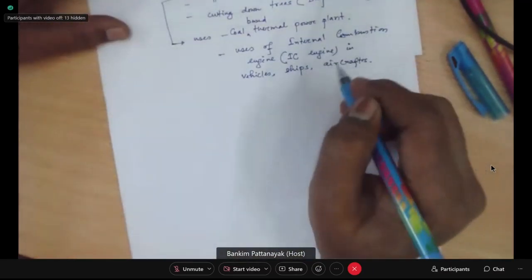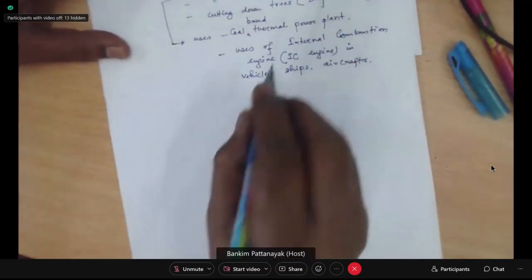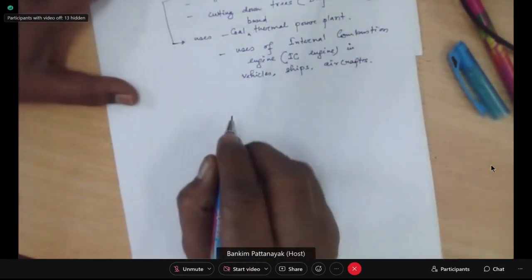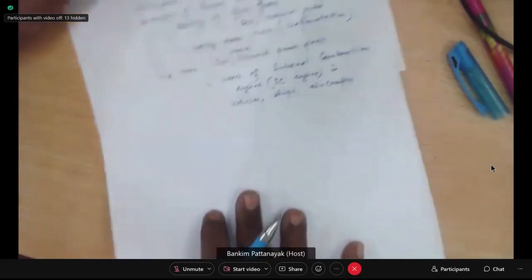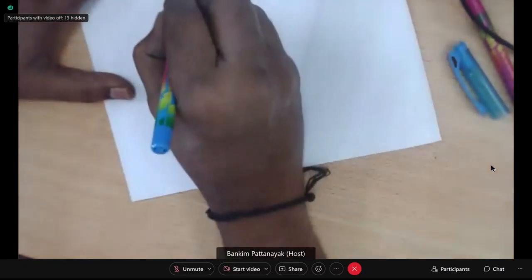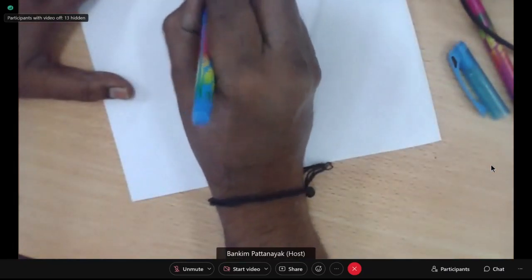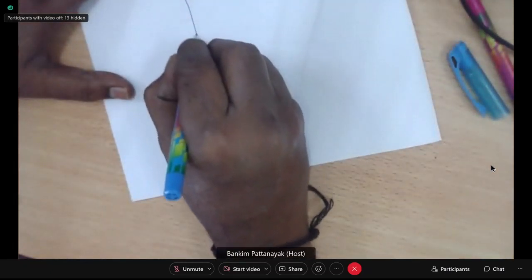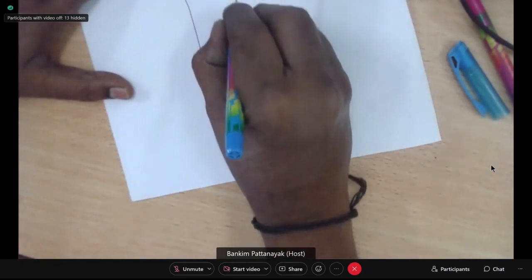The function of internal combustion engine is just like this. I mean, a bit of IC engine, how it operates, just briefly. Functioning of IC engines.